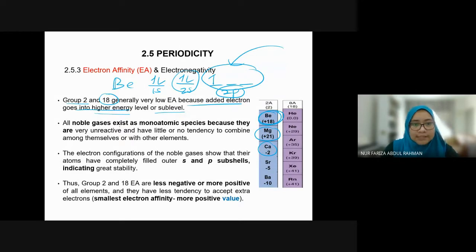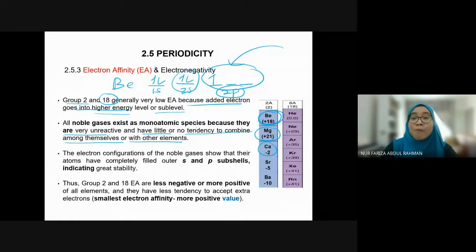All noble gases exist as monoatomic species because they are very unreactive. They exist as monoatomic because they are very unreactive and have little or no tendency to combine among themselves or with other elements. Why would noble gases need to combine if they are already stable?